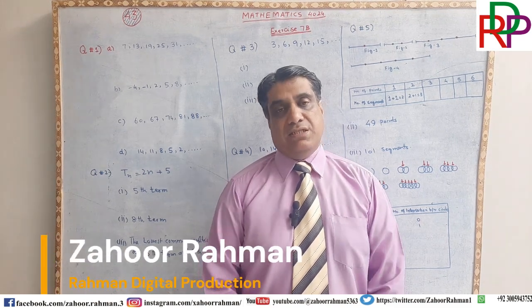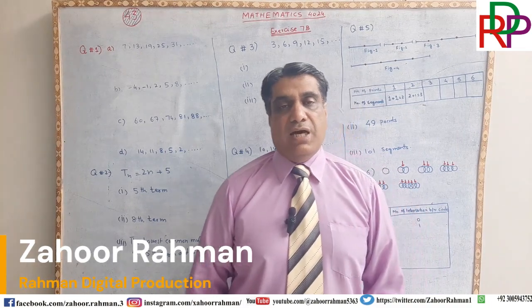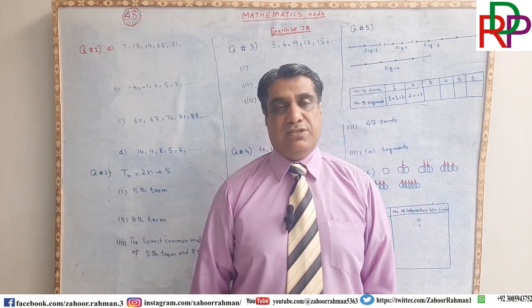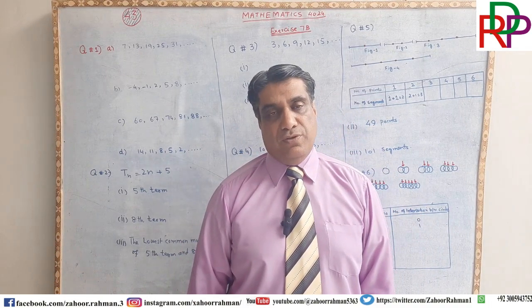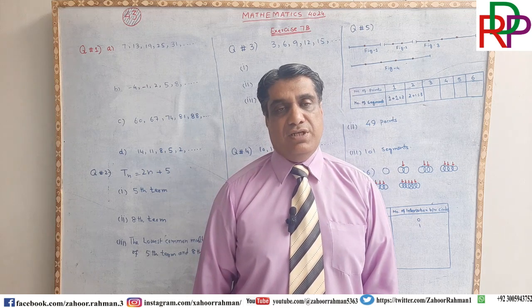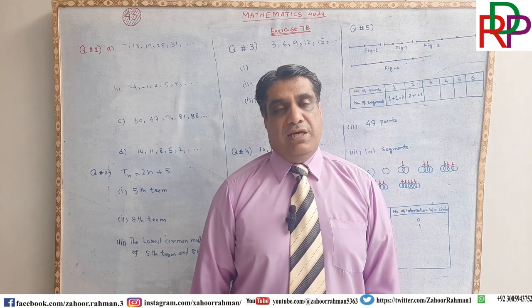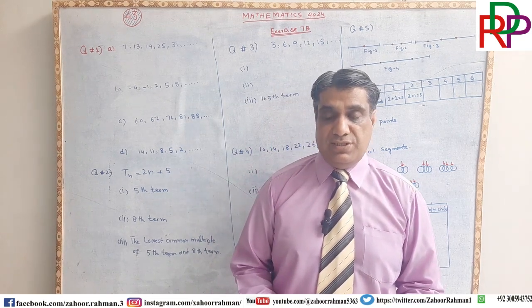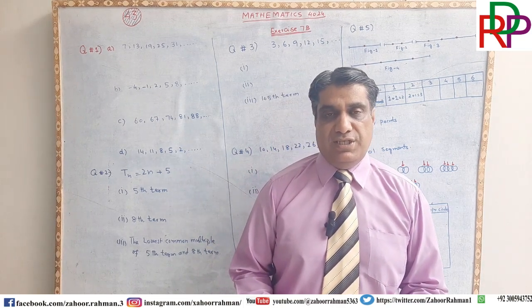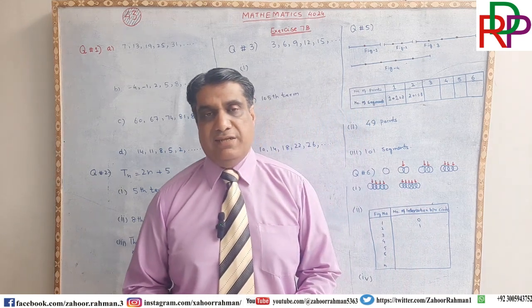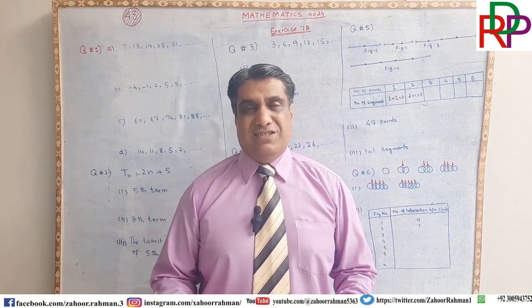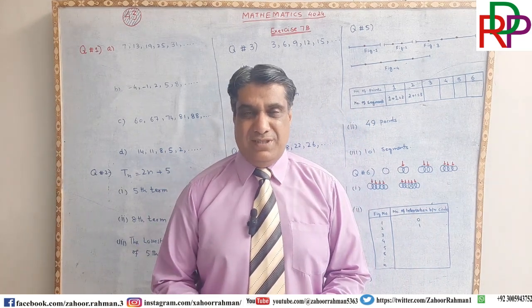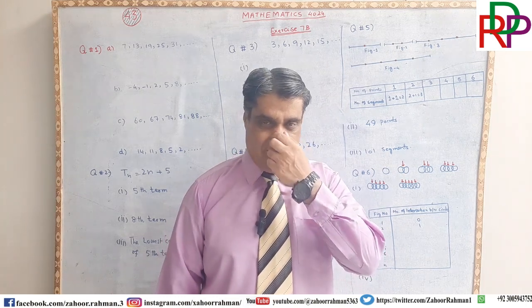This is lecture number 43 of Mathematics 4024, and today we are going to start exercise 7b, which is all about number patterns and constructing the general term for a sequence of numbers.